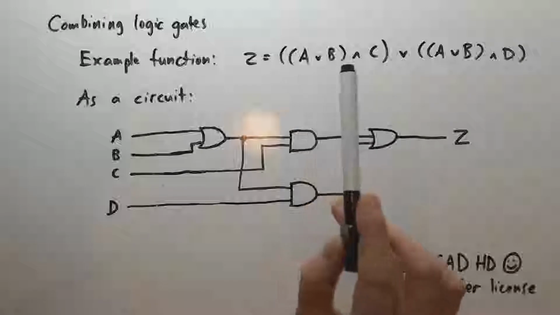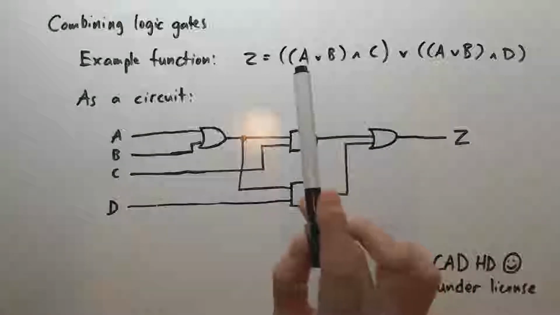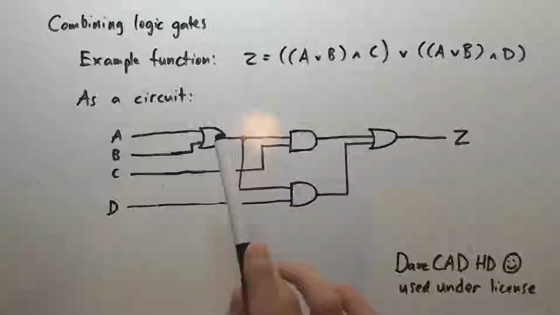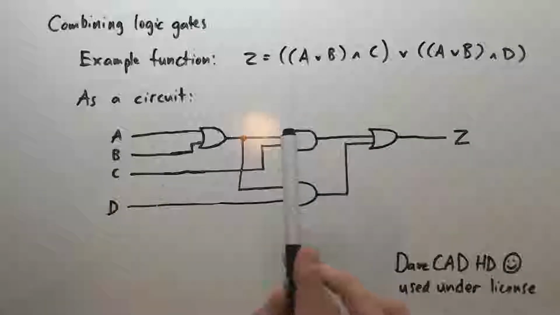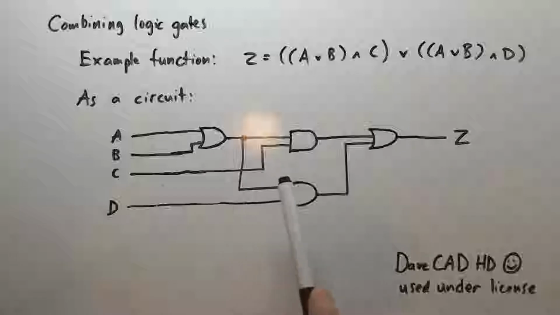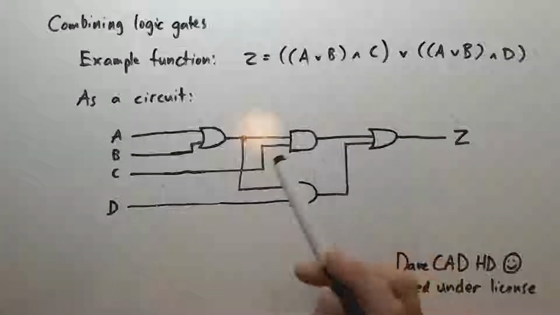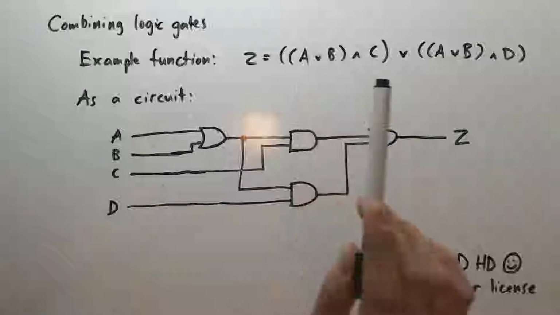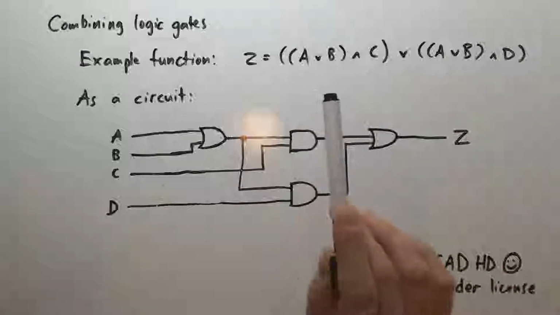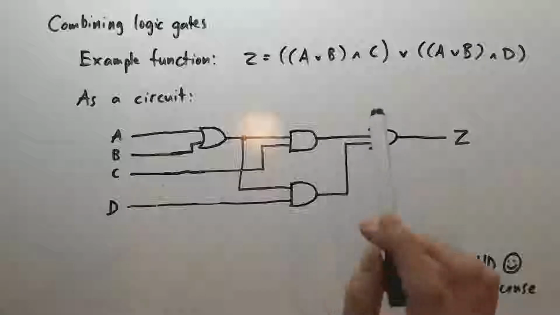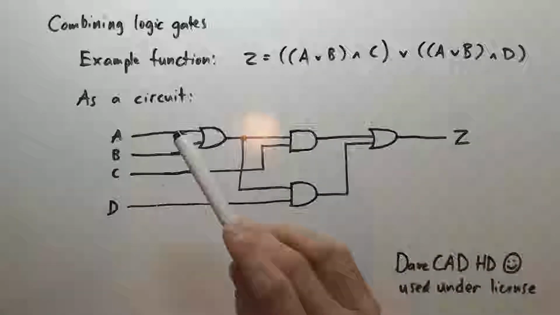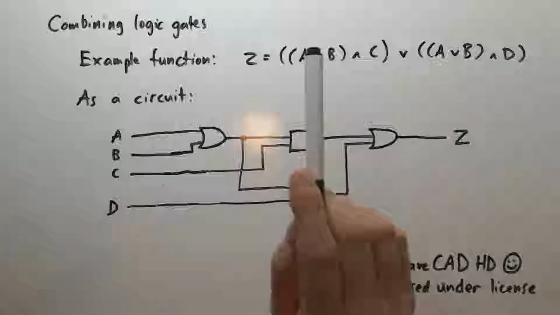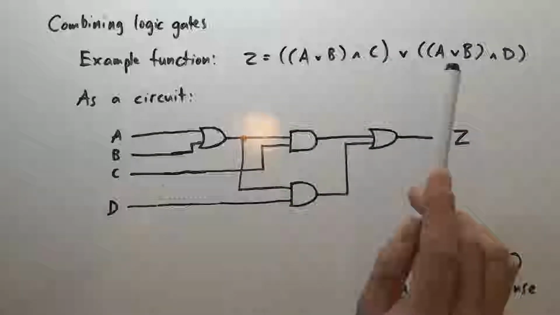So here, where we need the result a or b, we can use a single hardware gate to implement that result and simply send that output to each of the locations in the circuit where that output is required. And essentially what we've done here is reused that value in two different places in the circuit, and thus used a single OR gate to implement both this OR operator and this OR operator.